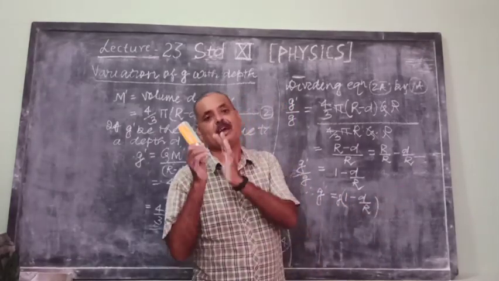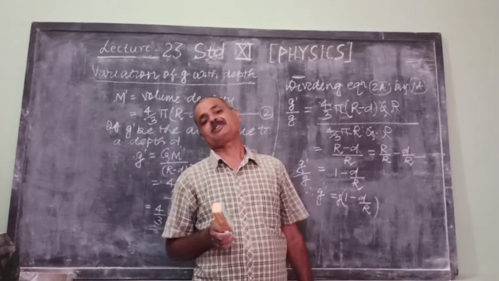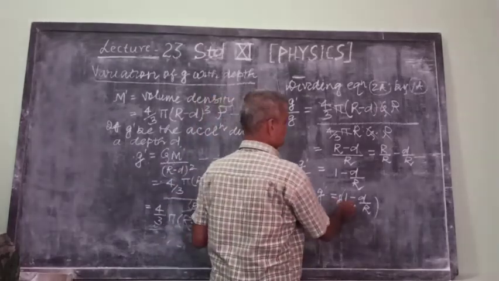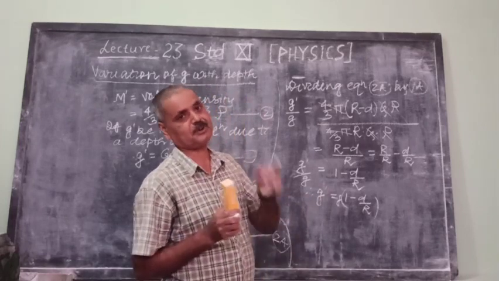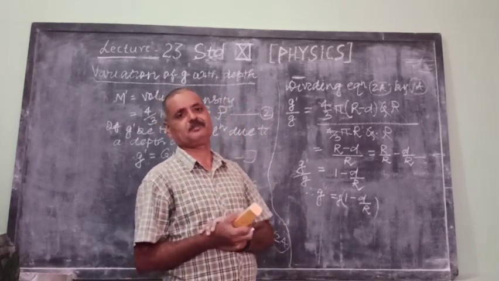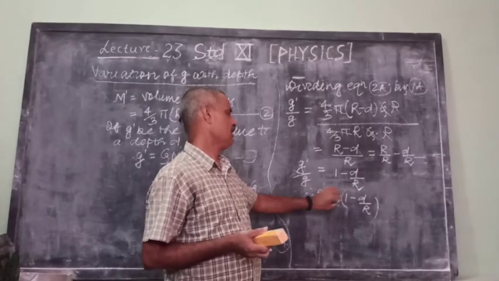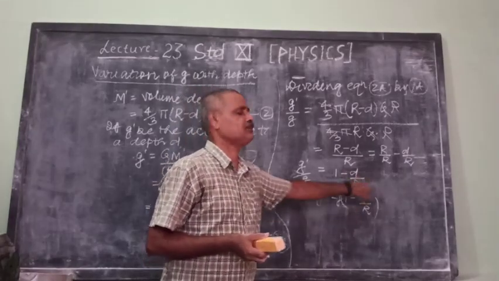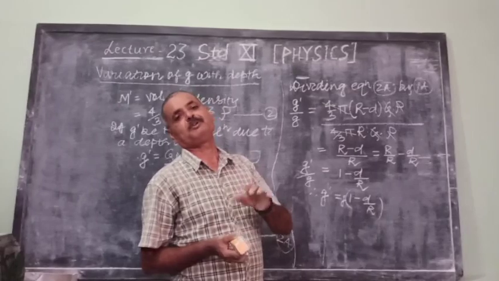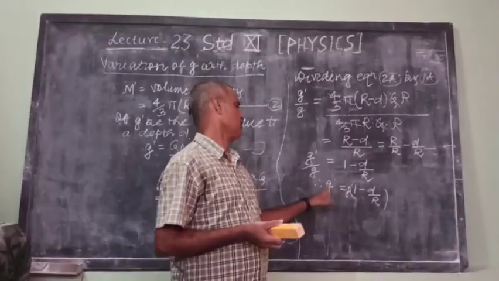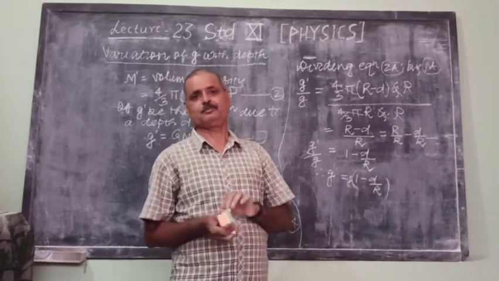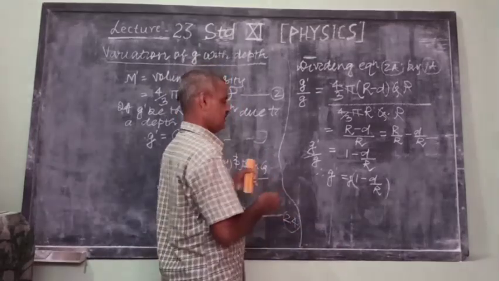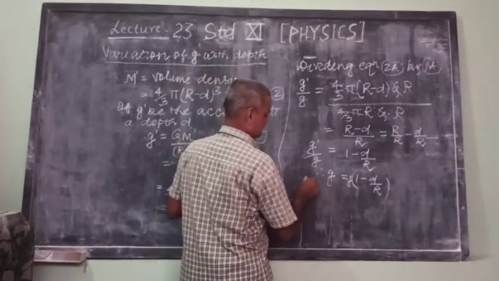Naturally its value will be less than 1, and when it will be multiplied by g, the value of g on the surface of earth is 9.8, and the solution of this part will be lesser than 1, so naturally the value of g dash will decrease.